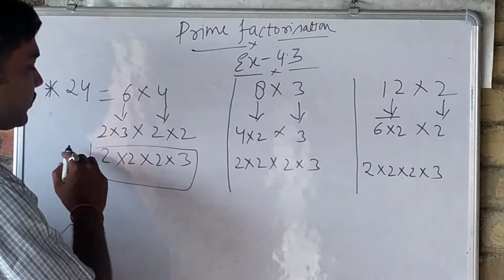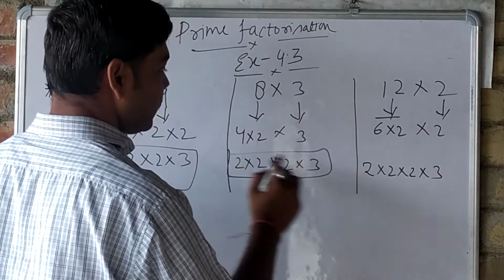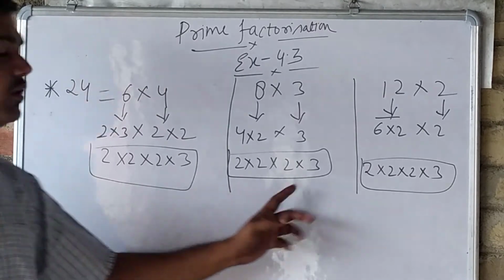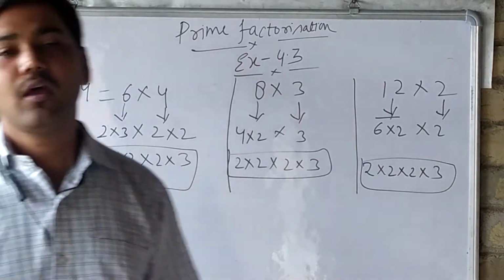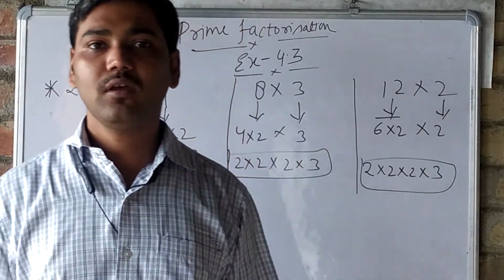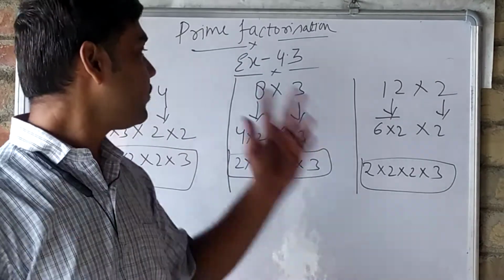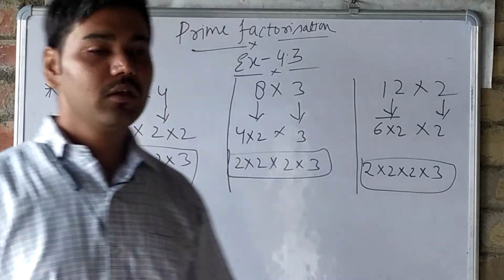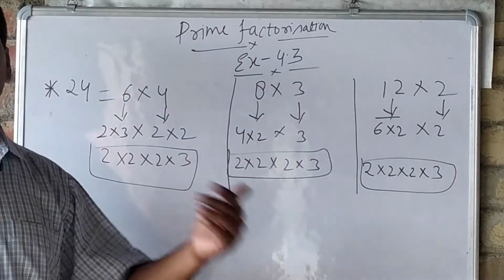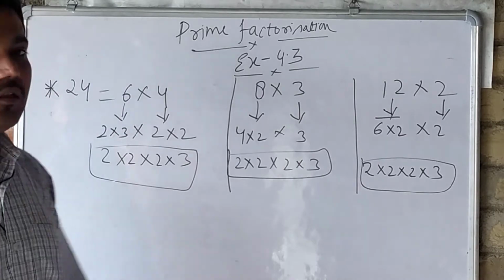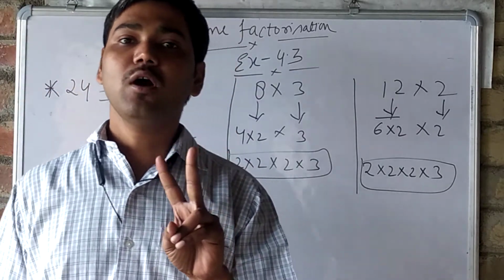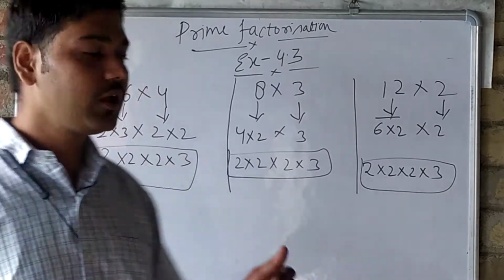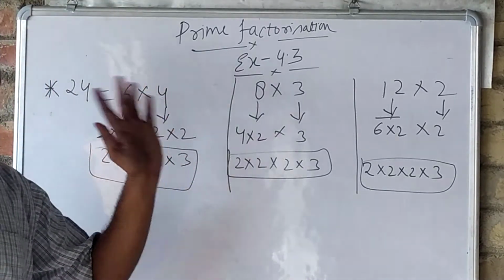Now after having prime factors, we will see that the answer in each case remains the same. You can see this box, this box, this box; the answer will remain the same. After prime factorization, by whatever means we do it, we will have the same answer. Now I think it is clear to you all how we have to do prime factorization. We just have to find two values which, when multiplied, give the result, for example 6 fours are 24.